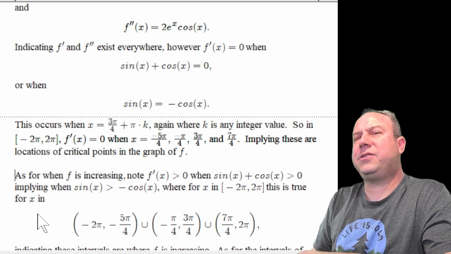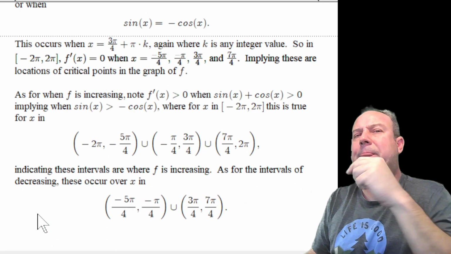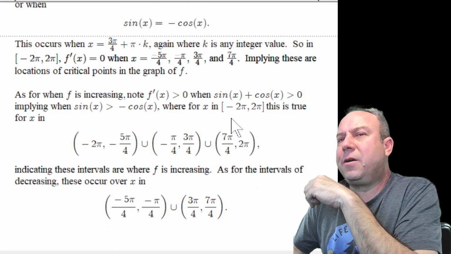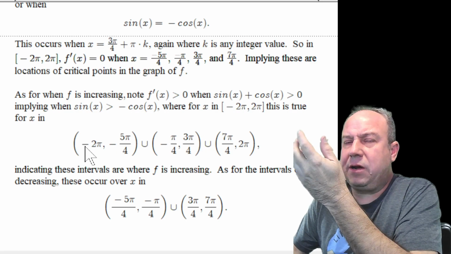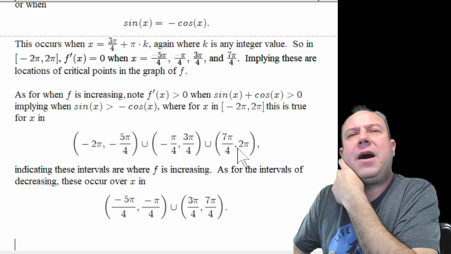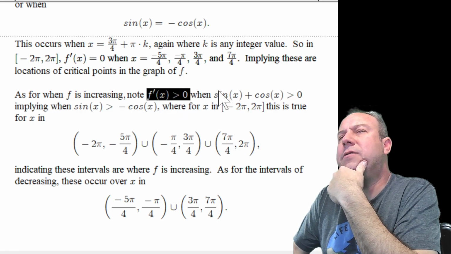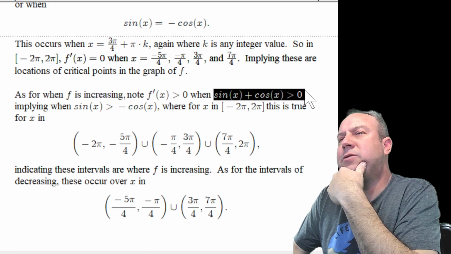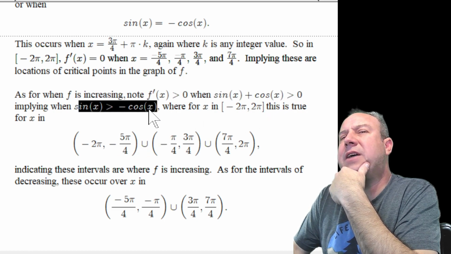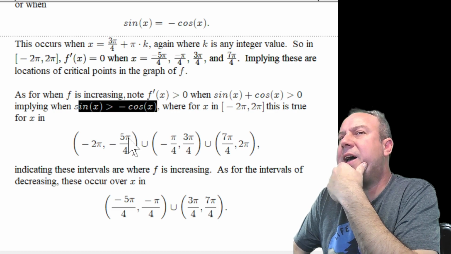All right, and we can use those to subdivide our interval from negative 2 pi to 2 pi, where we'll note f prime of x is greater than 0 when the sine of x plus cosine of x is greater than 0, implying sine of x is greater than negative cosine of x.